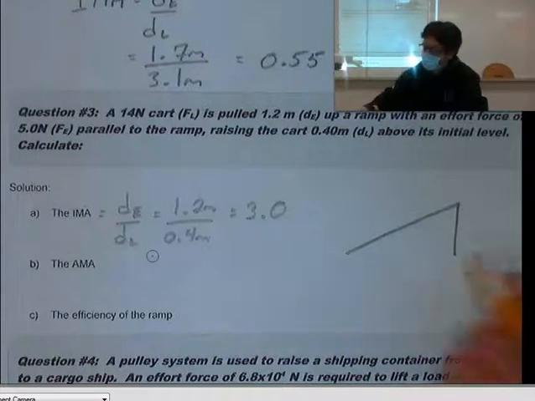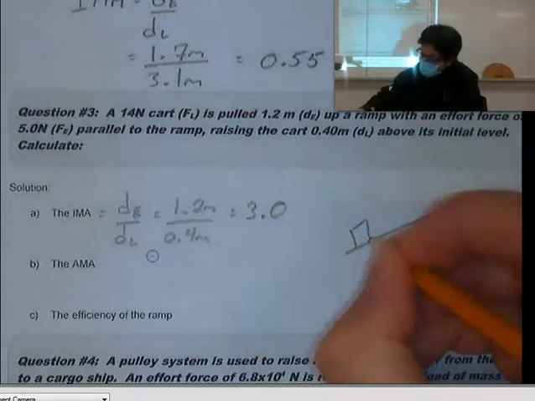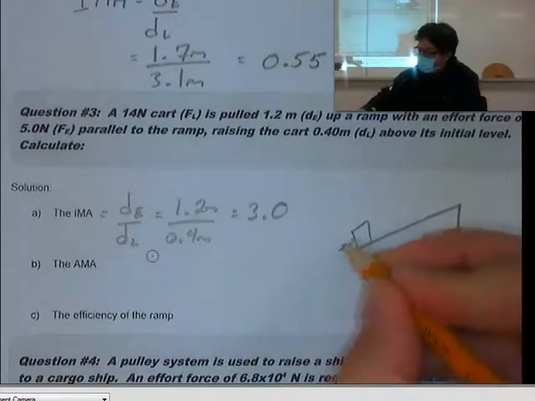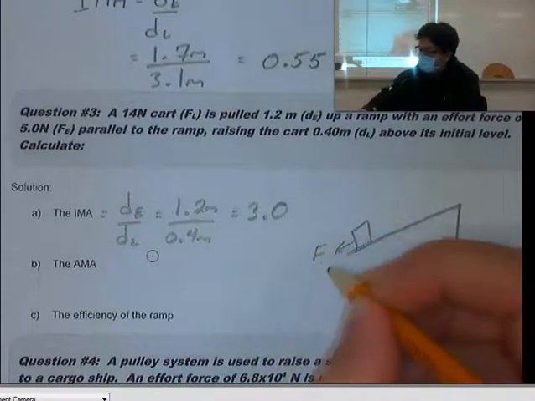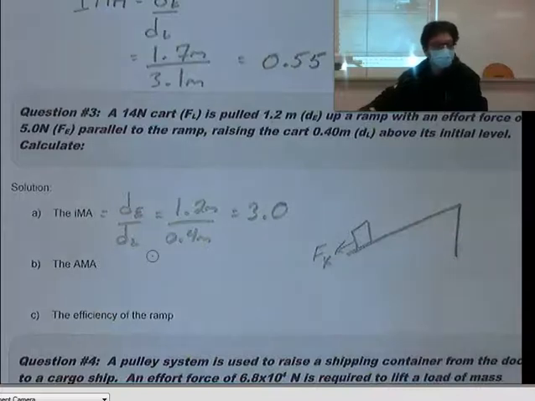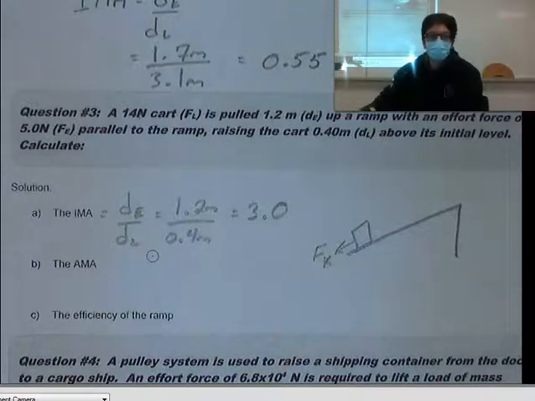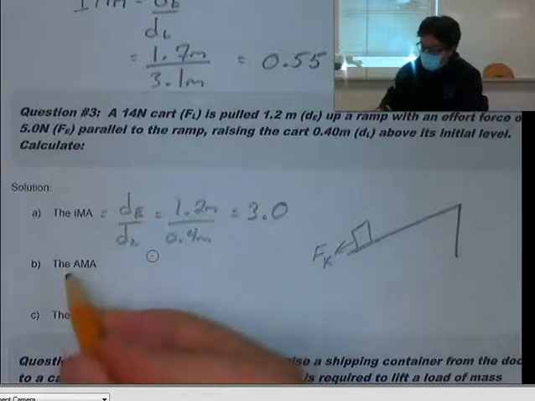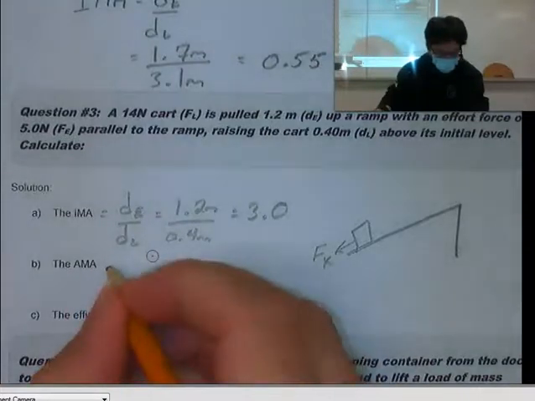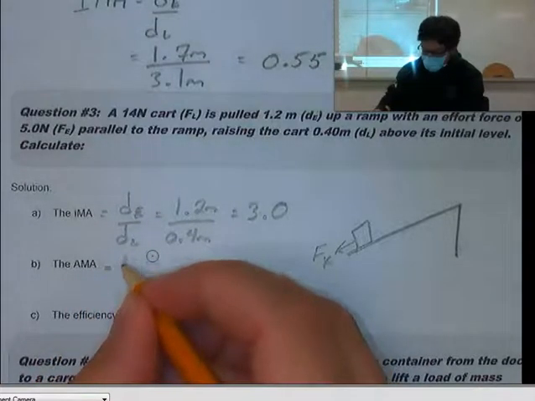But we know when we push something up here, there are going to be frictional forces that try to oppose the motion, and therefore oppose us in trying to complete our task. So for the actual mechanical advantage, we compare forces.